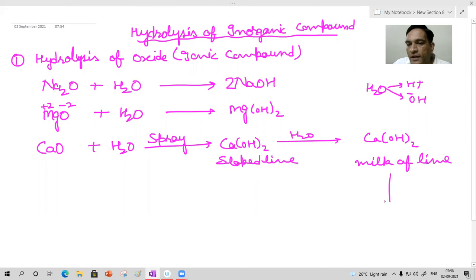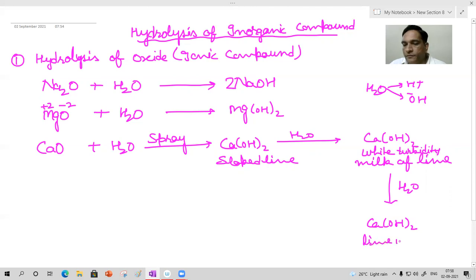If we are adding more water, the formula is the same, calcium hydroxide, but we are getting a clear solution. That milk of lime is white turbidity, and this is the lime water, a clear solution.